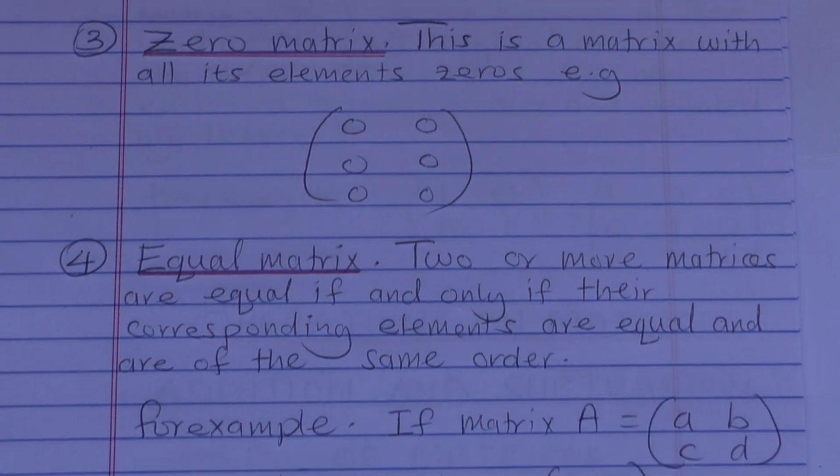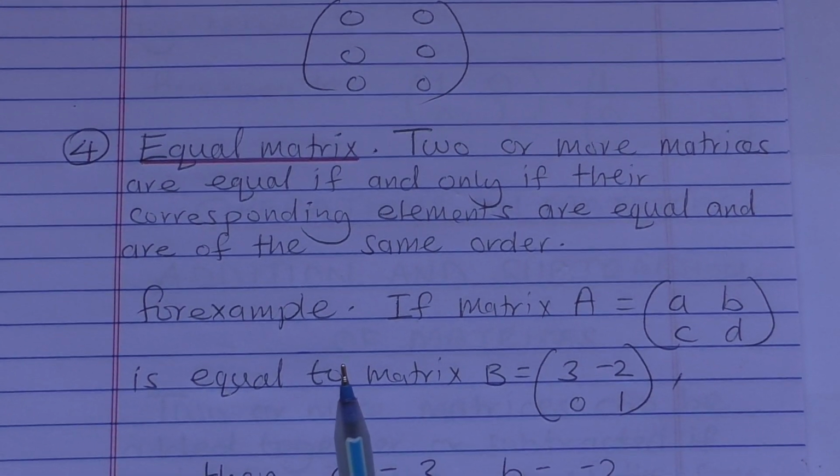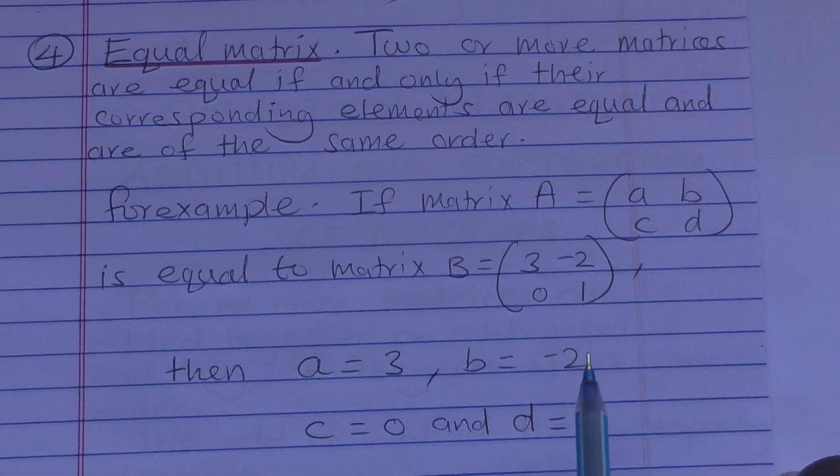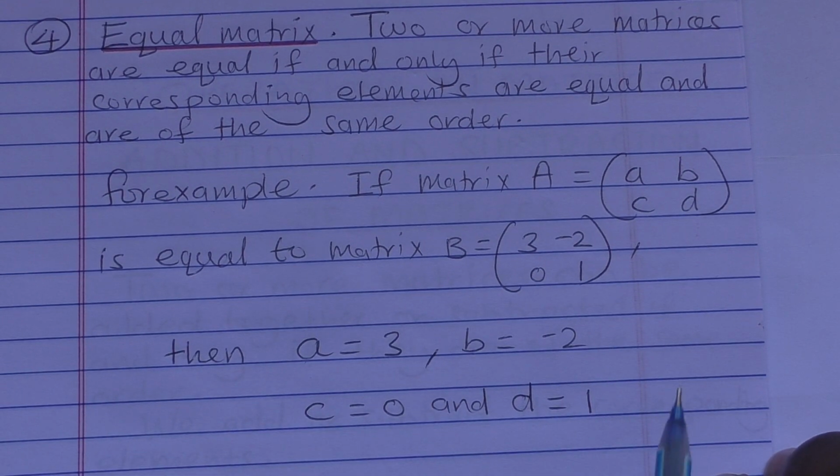Number 4 is what we call equal matrix. 2 or more matrices are said to be equal if and only if their corresponding elements are equal and are of the same order. For instance, if I'm to compare two matrices, I have two matrices here.